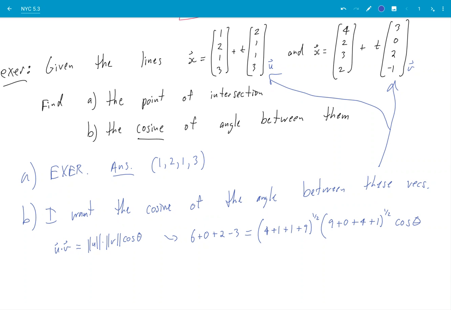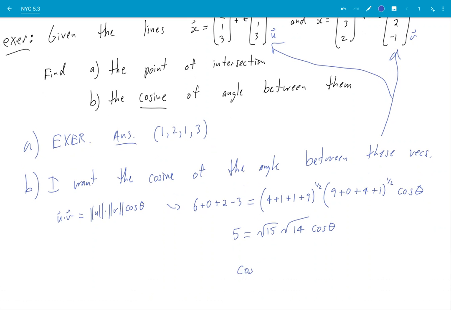So what's this? 5 is equal to root 15, root 14, not 15. Cos theta.